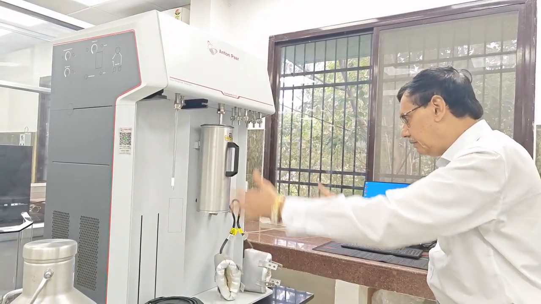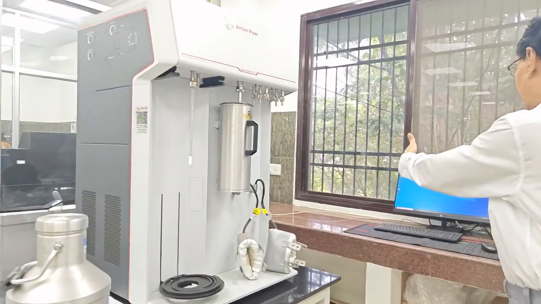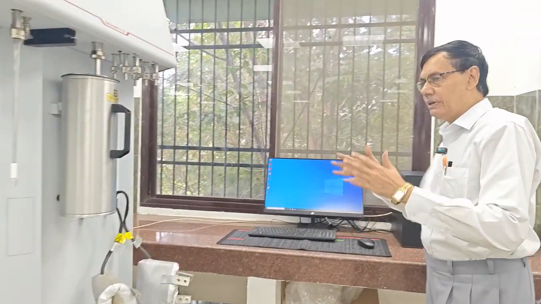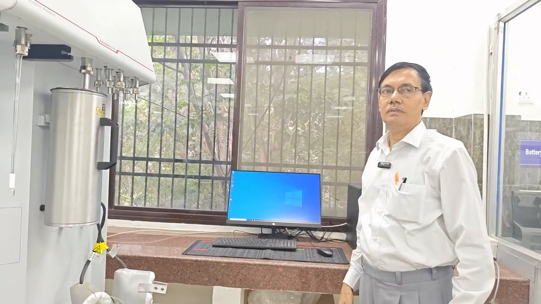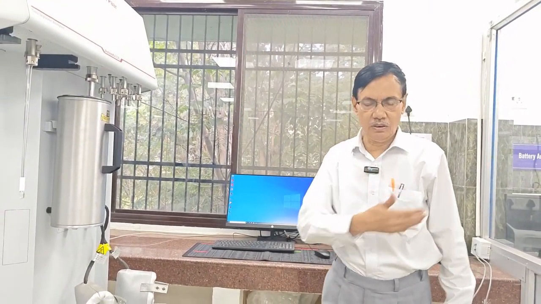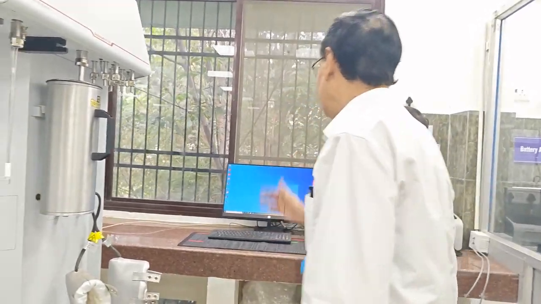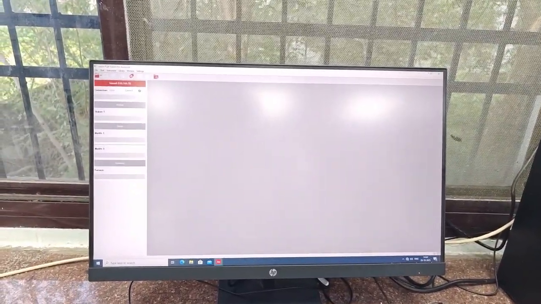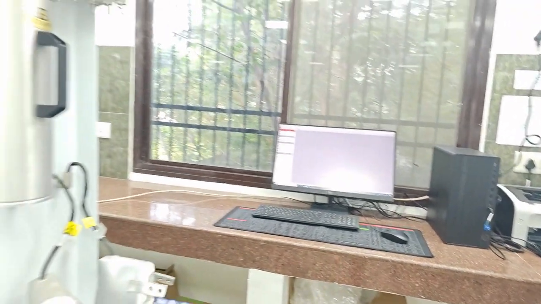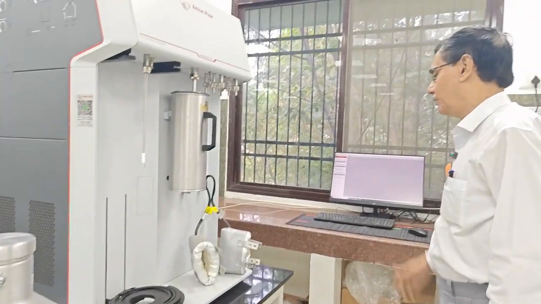One part is the main unit, and the second part, which is very important, is the computer, because everything is now controlled by it. There is a software, and Dr. Rajiv will tell you the name of that software. Anton Paar Quantachrome AutoSorb. Now the experiment is very easy, that means we can perform the experiment with the help of this software.